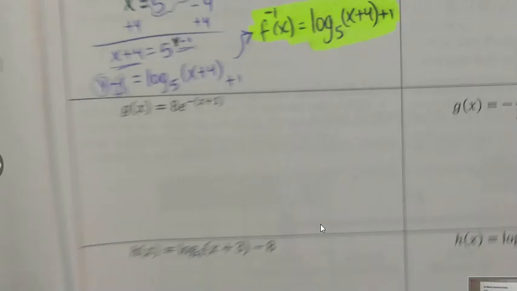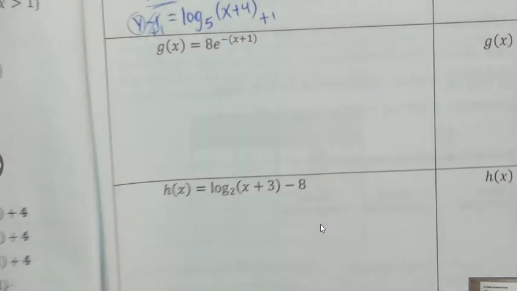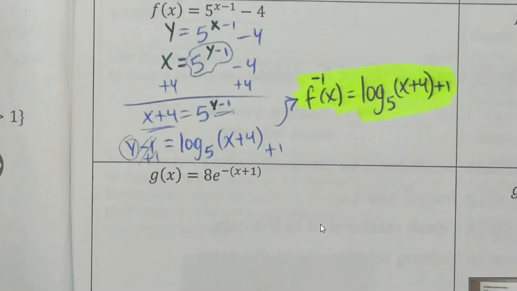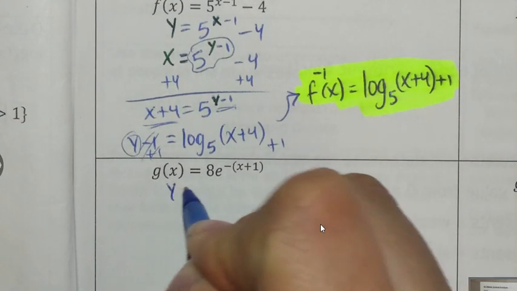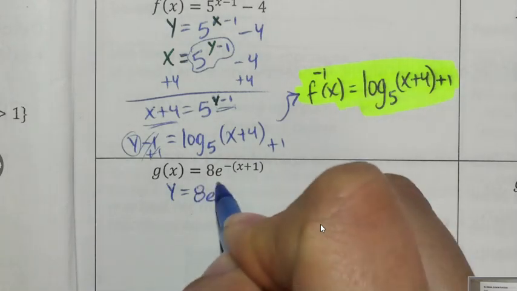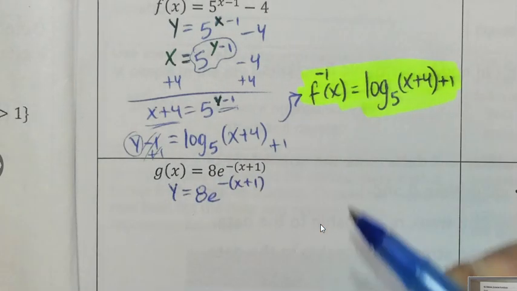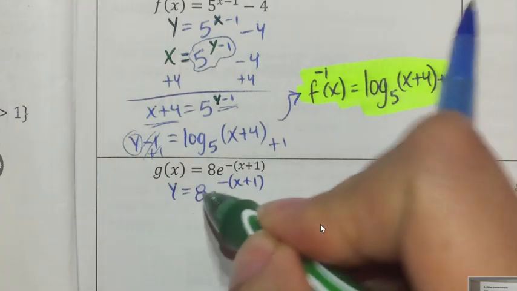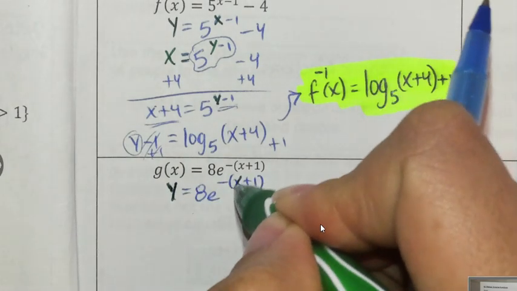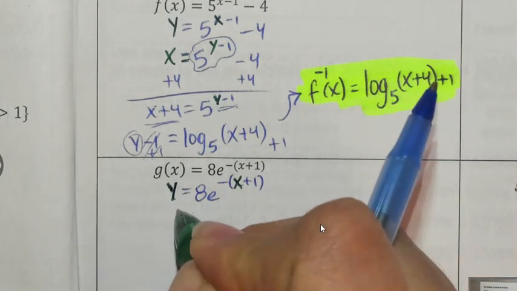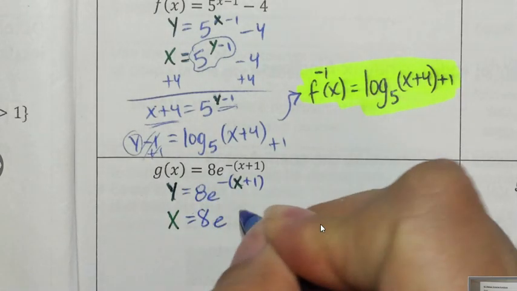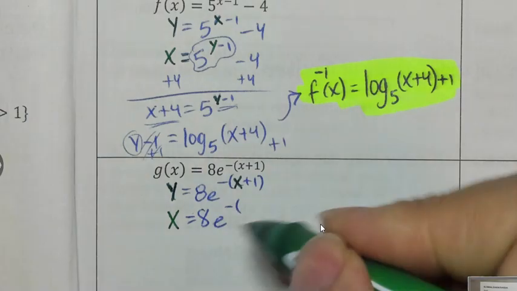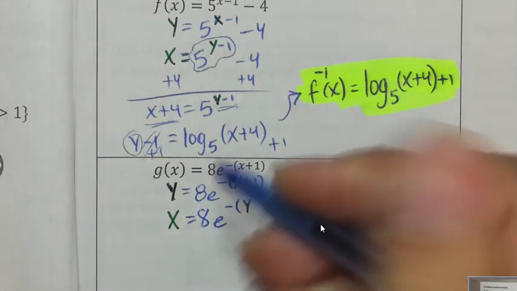Well, actually 3 more times because we have 3 more examples below. Okay, so we're going to start with rewriting this as y equals. And then we're going to swap the y and x. So we're going to have x equals 8e to the negative y plus 1.